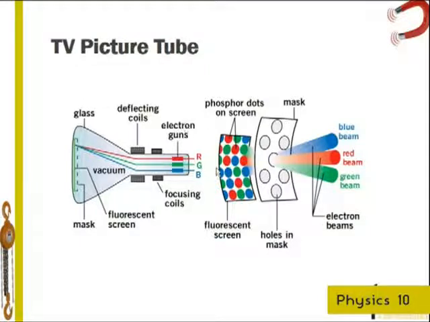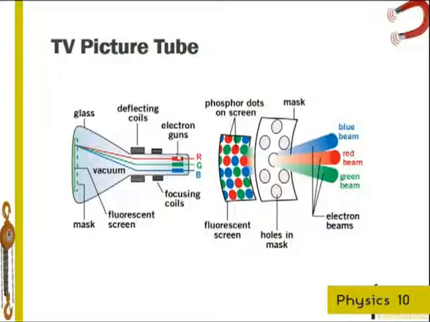Now in this diagram, we have a television cathode ray tube. Describing the diagram, we have a glass tube where there's a vacuum, so all the air has been pumped out of the television tube. We have a screen, and a mask in front of the screen, which I'm going to explain a bit later on.